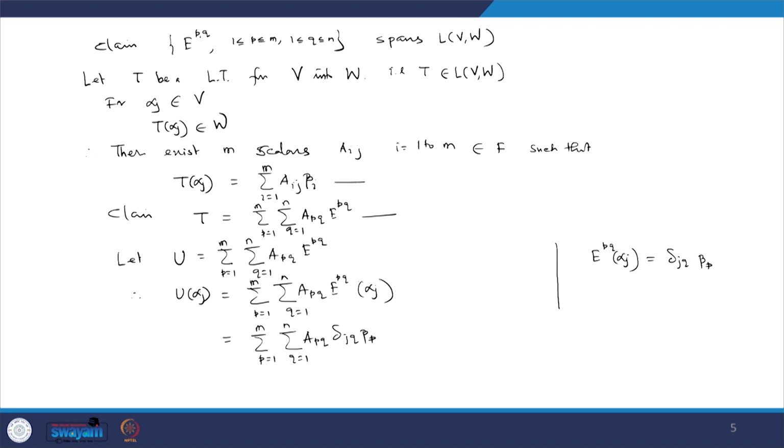This means that it is simply the sum over p equal to 1 to m, when j equal to q, of A p j and beta p. If I see this definition of T, here also I am getting the same. So this is equal to T of alpha j.